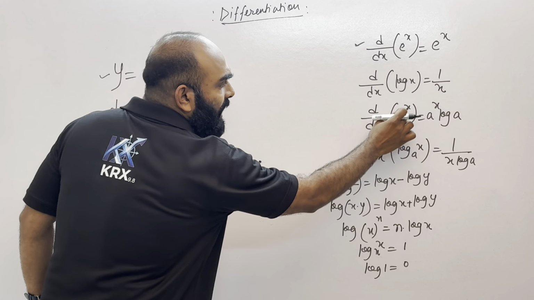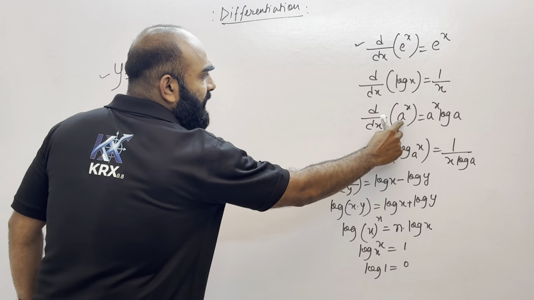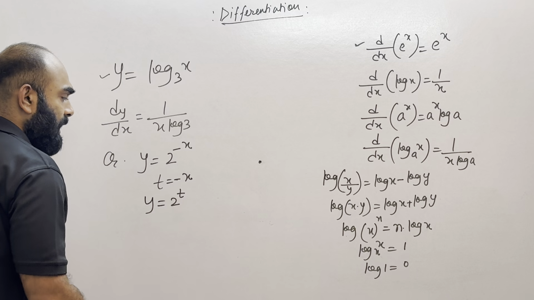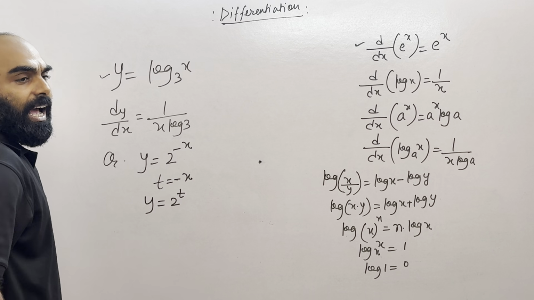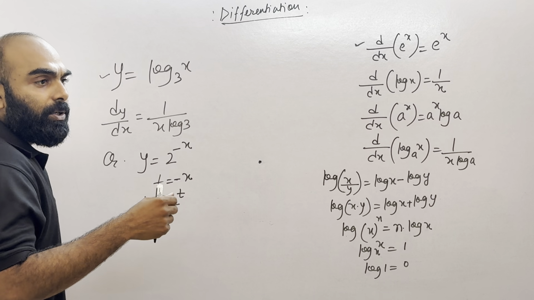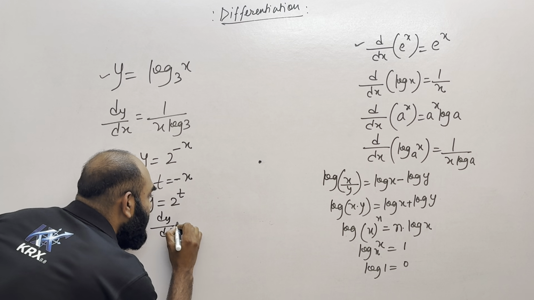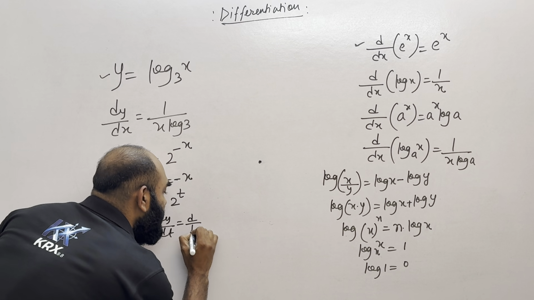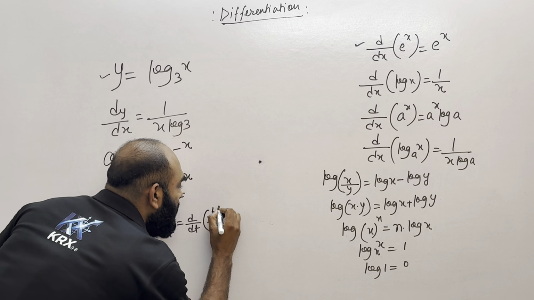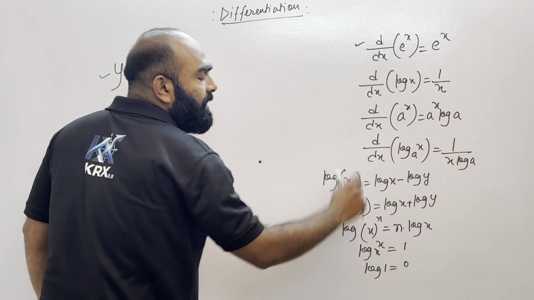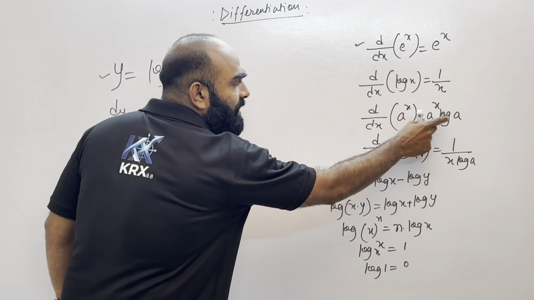If it is a to the power x, a is some constant, so I am differentiating with respect to dx. If it is 2 to the power t, I have to differentiate with respect to dt. So I will write dy by dt is equal to d by dt of 2 to the power t. a to the power x differentiation is a to the power x log a.